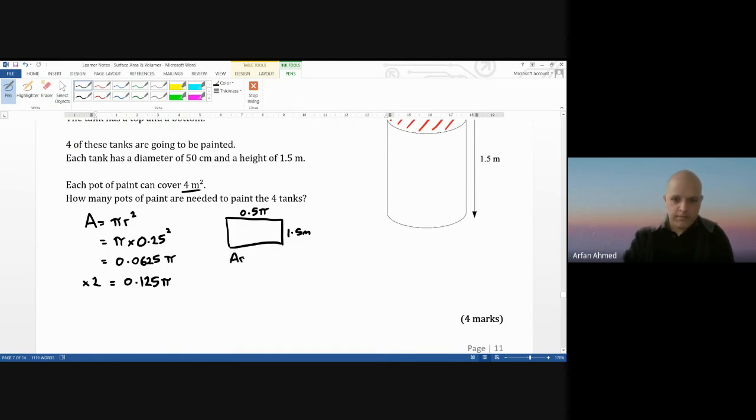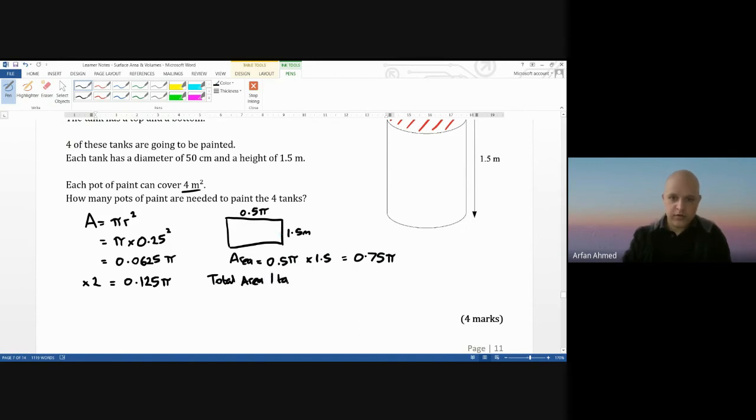Area of that, 0.5 pi times 1.5. Let's work that out. 1.5 times 1.5... 0.75 pi. Okay. So total area for one tank. Don't forget, there's going to be 4 tanks.